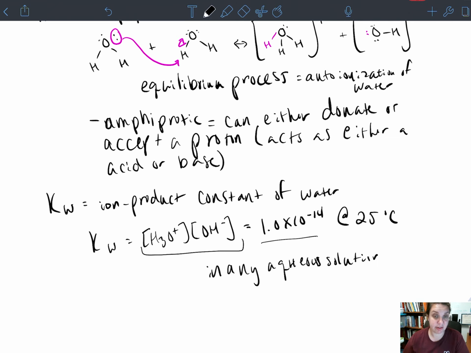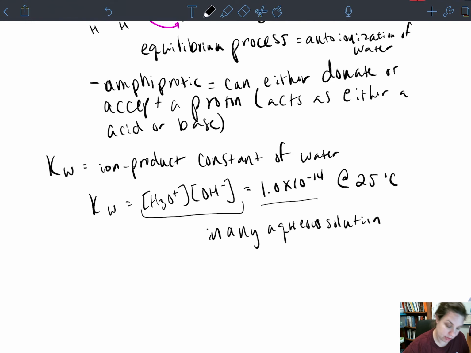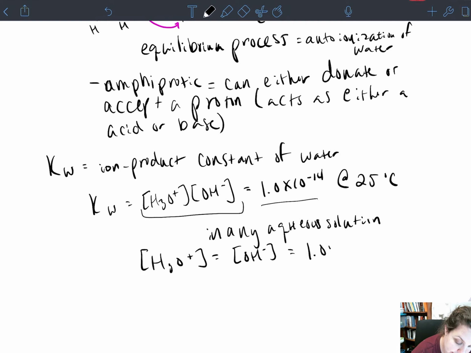Regardless if we have an acidic solution, a basic solution, or a neutral solution. So if we have a pure water solution, our hydronium concentration and our hydroxide concentration will be equal to each other, so they are both equal to 1.0 times 10 to the negative 7. But as we get an acidic solution, our hydronium concentration will go up versus our hydroxide concentration, and in a basic solution, hydroxide concentration will go up in comparison to our hydronium concentration.